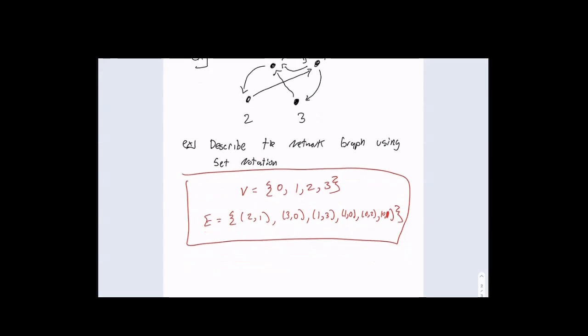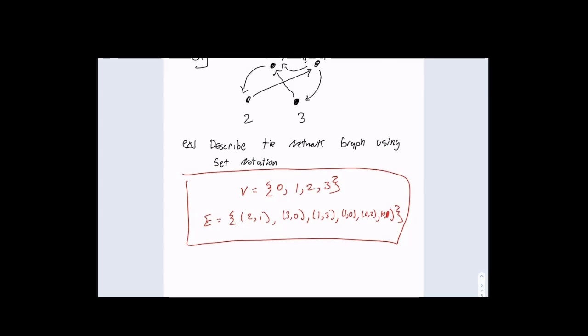Since these are directed, you must list each of the directional flows from start to finish. If this was undirected, then we would have labeled each of these with braces within the edges, noting that it just goes in both directions and that there is no direction of one talking to the other. Everything is just a two-way flow. That's when we use the braces and list all of the connections.